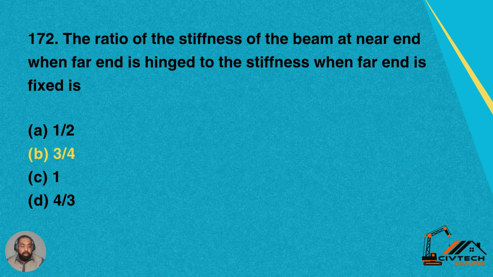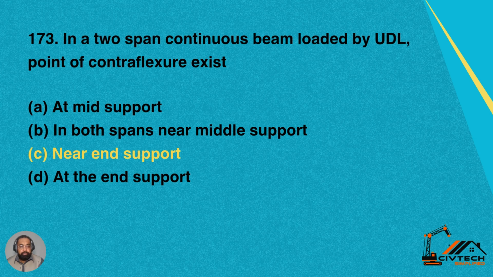Yes, the ratio would be option B, 3 by 4. The ratio of stiffness of the beam at near end when far end is hinged to the stiffness of the beam when far end is fixed is 3 by 4. B is the correct answer for this question.